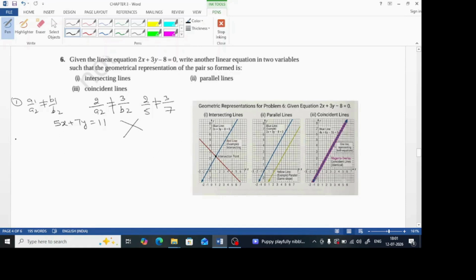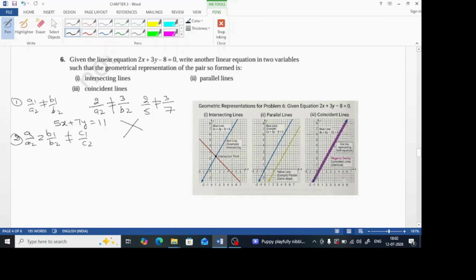Now, for the second part, we will make an equation which will show parallel lines. The condition for parallel lines is when a1 upon a2 is equal to b1 upon b2 but not equal to c1 upon c2.